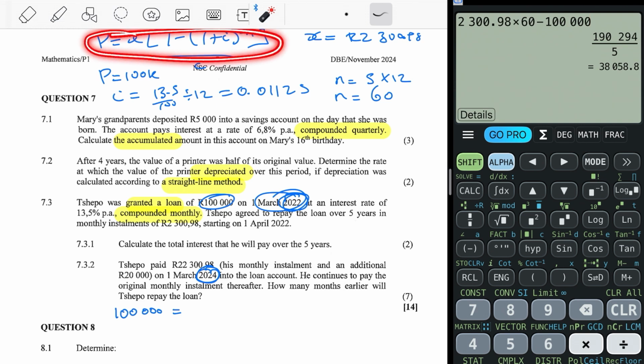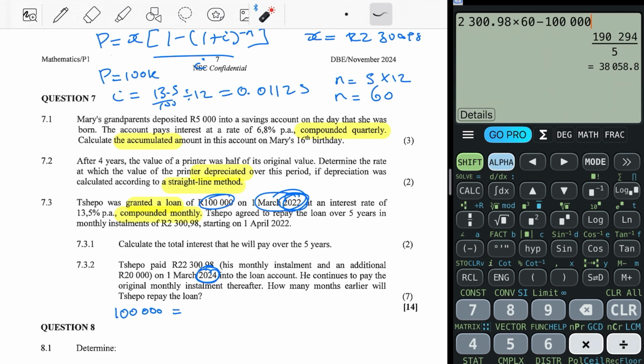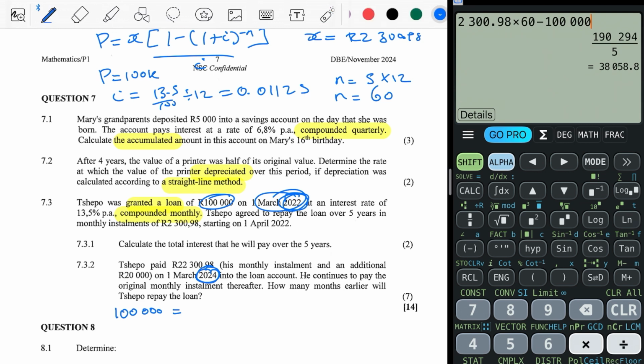He owes 100,000, and in that 100,000, he's been paying 2,300.98 is 1.00125 power, and then what's the question? He continued to pay the original amount, the monthly installment, thereafter. Now the question is, how many months earlier would Tepo repay?